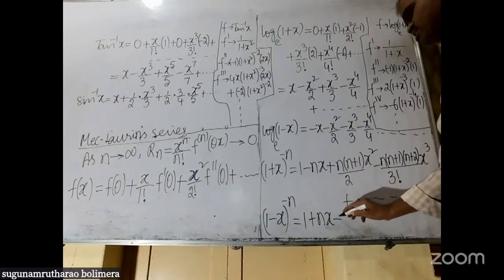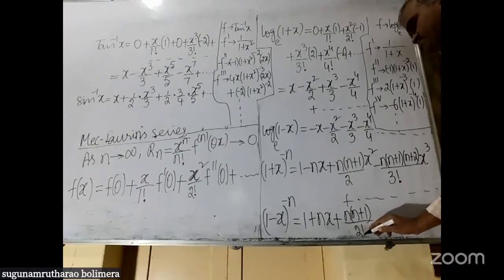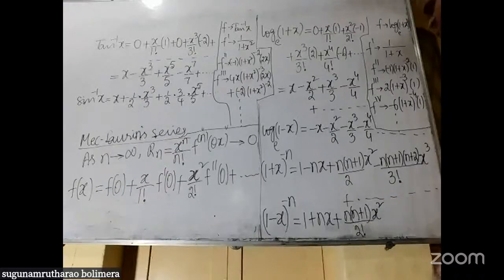So what you are getting is plus n into n plus 1 by 2 factorial into x square. Again, x is replaced by minus x, so minus of minus x will be plus. Plus n into n plus 1 into n plus 2 by 3 factorial x cube plus so on.